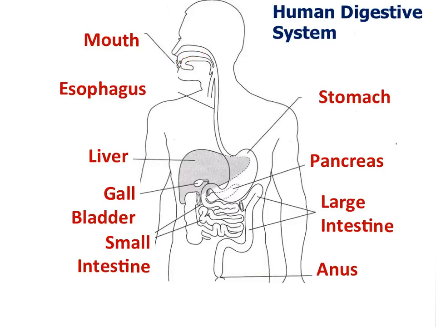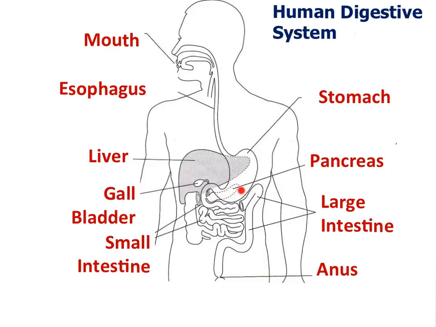Starting with the mouth, let's follow in chronological order. Food goes into the mouth, down the esophagus, into the stomach, and then into the small intestine. Undigested material continues to the large intestine, to the anus. The liver produces bile, and the gallbladder stores bile. The pancreas produces numerous digestive enzymes.